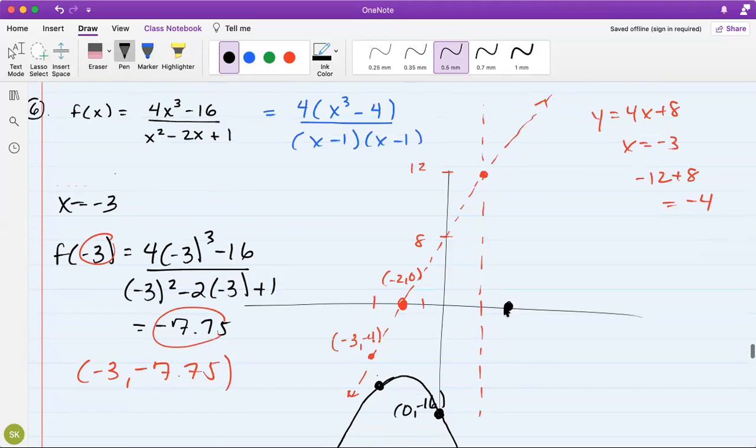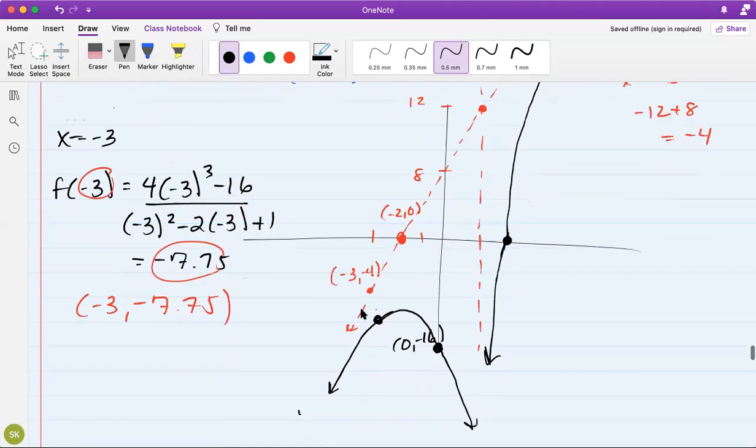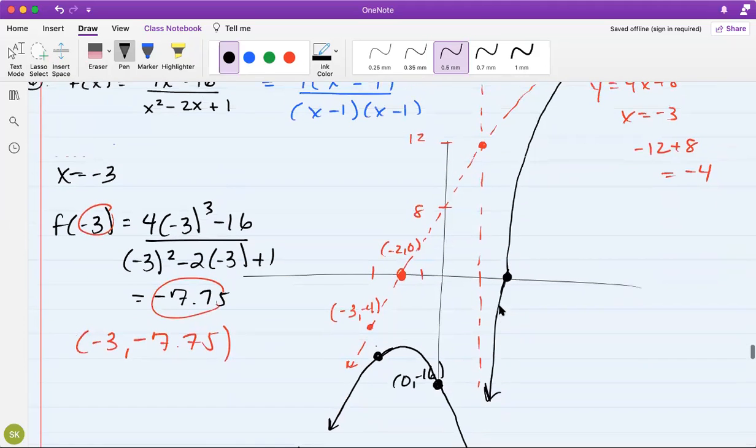We found that this was the x-intercept at 1.6 something. So let's choose like 4 or something, see what we get. And when we plug it in, you're going to get something very big. And so that will tell you you're going to head towards this asymptote. And then on this side, you're going to cross and head towards this one. So the graph's going to look something like this.